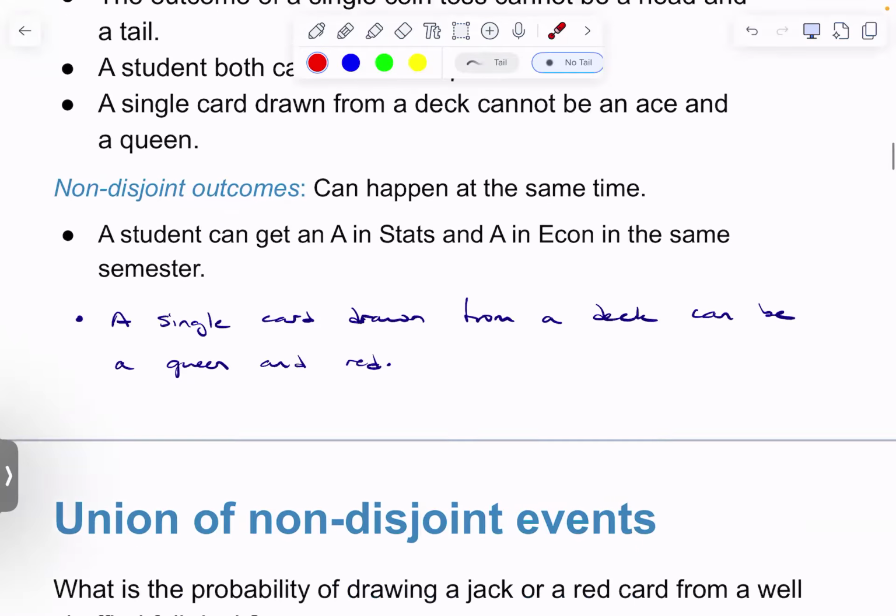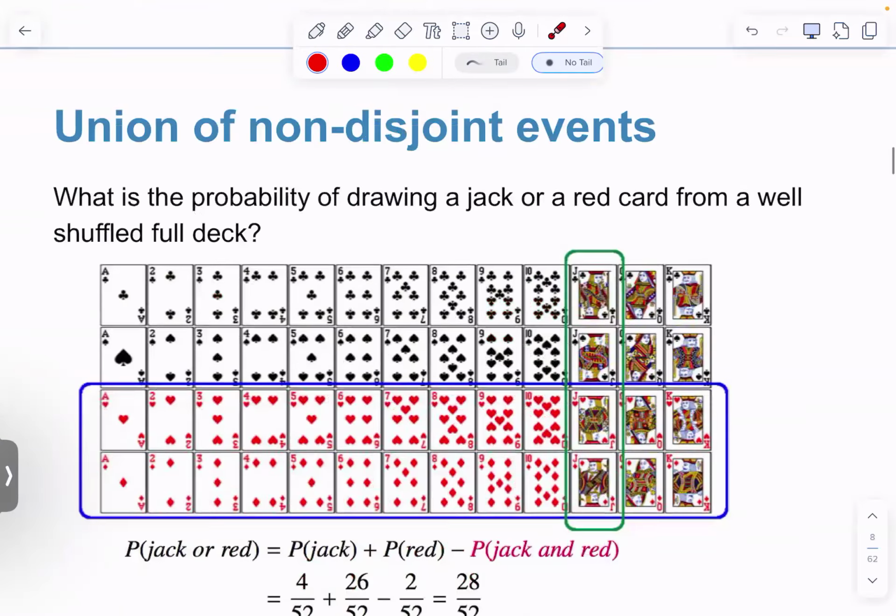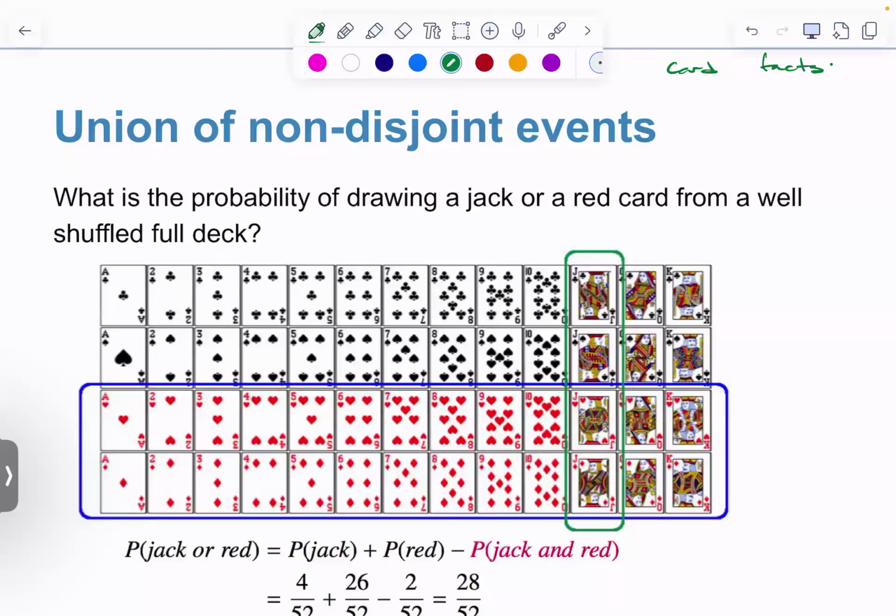So, here is a full deck of cards. Here's some card facts. Well, there are 52 cards in a deck. Full deck is 52 cards. There are 4 suits.